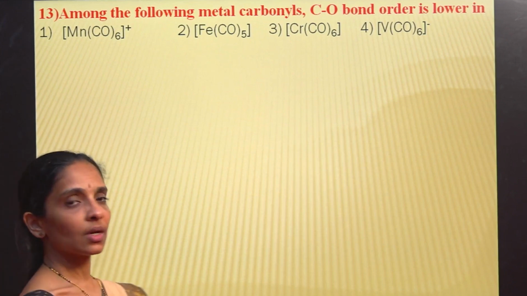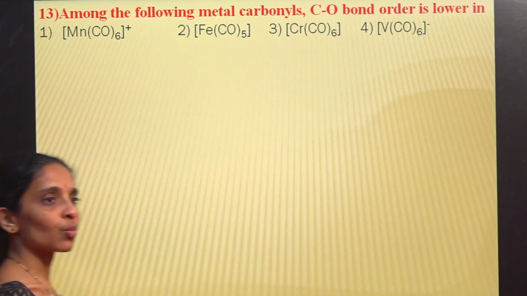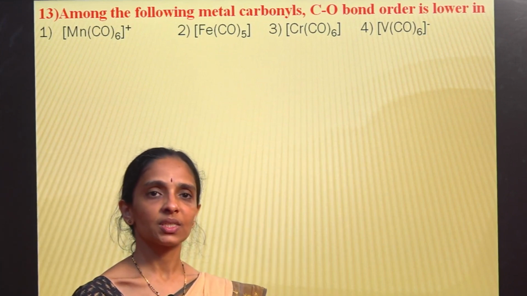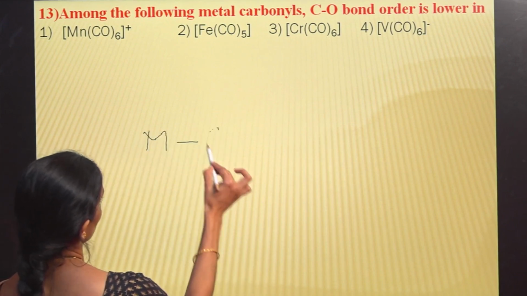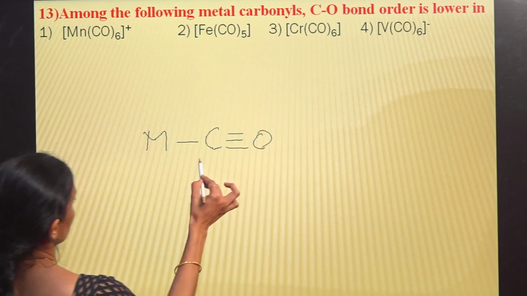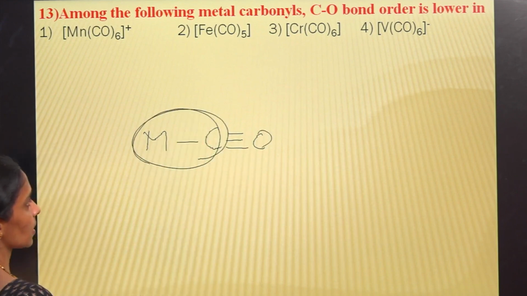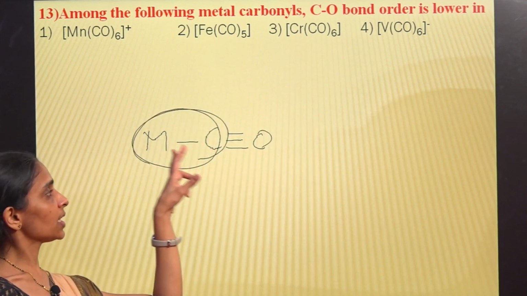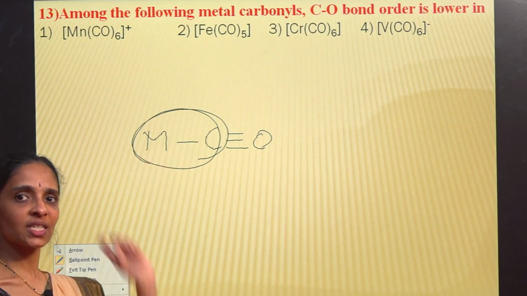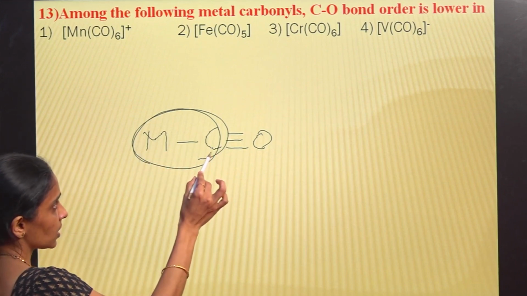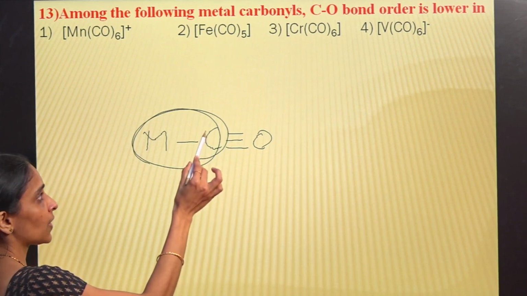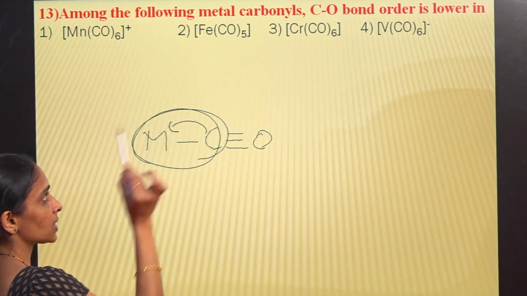See, in metal carbonyls, what happens is between metal and carbon, actually a special type of bonding is present. A bond is formed by the donation of electron from the ligand to the metal.